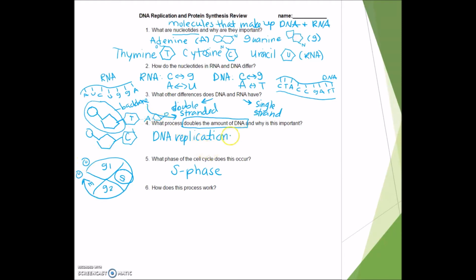And so DNA replication is important because every cell needs a full set of DNA. So it has to be replicated.